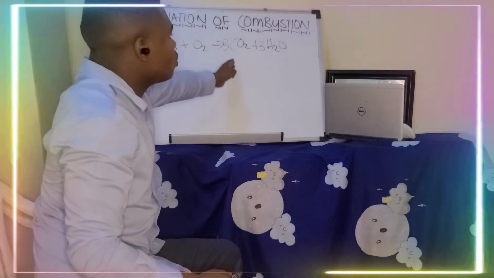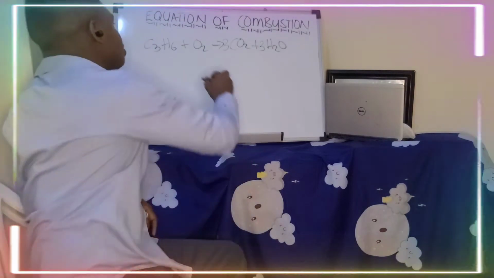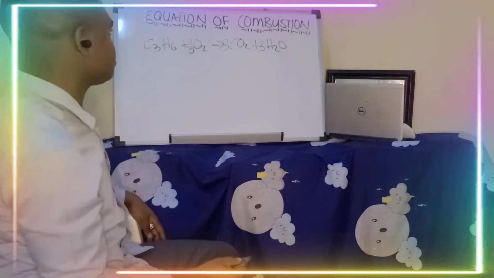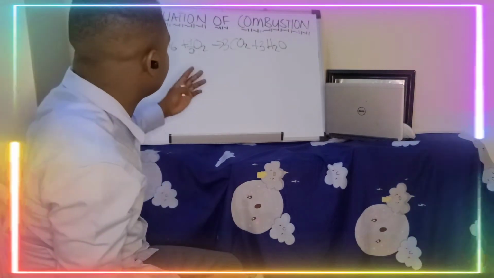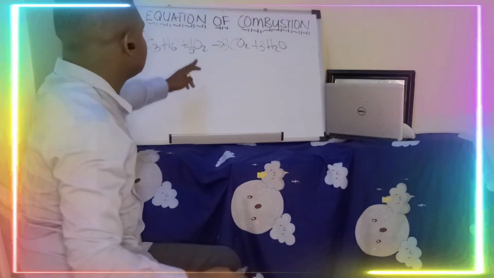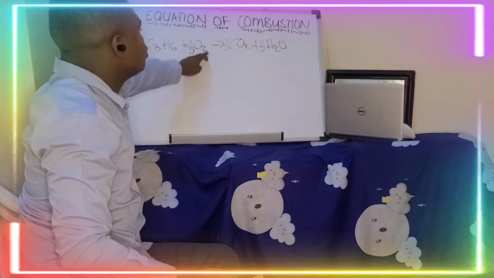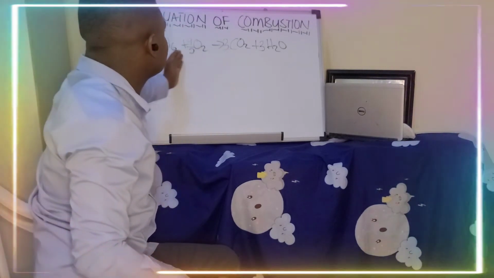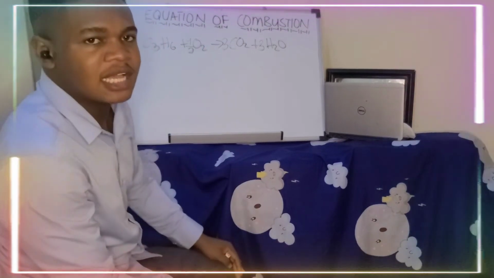So if you've got 9 oxygens on the right hand side, you just have to put a 9 over 2 there. Once you do this, your equation is now fully balanced because this 2 is going to cancel out with that 2, and then you're left with 9 oxygens, 3 carbons, 6 hydrogens, and 6 hydrogens.